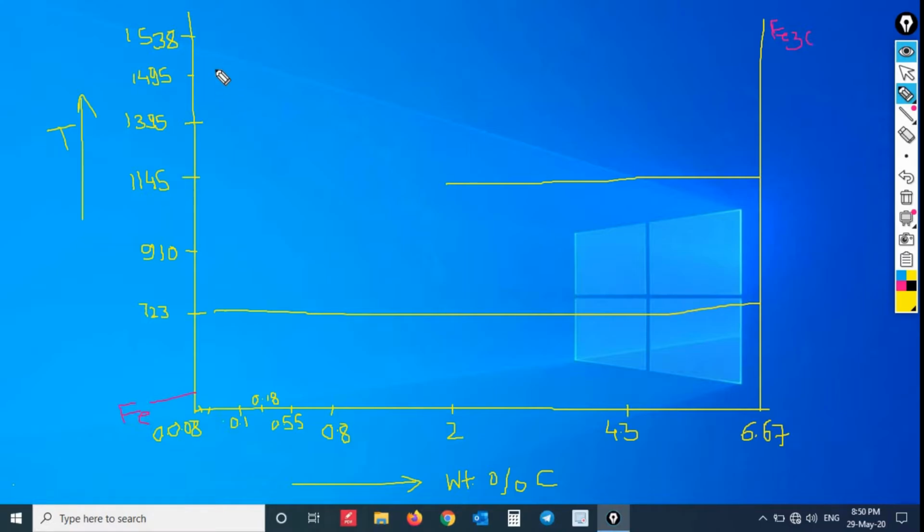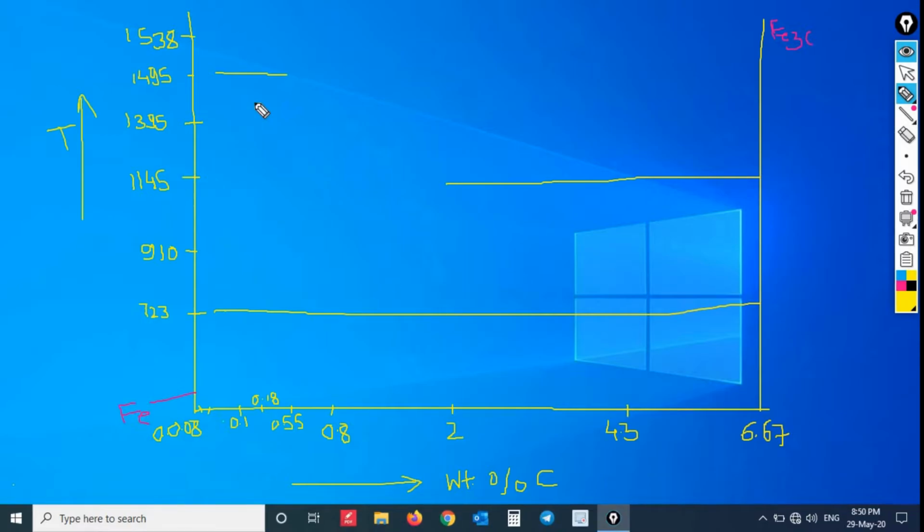The third line we draw at 1495 degrees Celsius, which starts from 0.1 and ends at 0.55 percent. So temperature is done, carbon percentage is done, and the 3 horizontal lines are done.